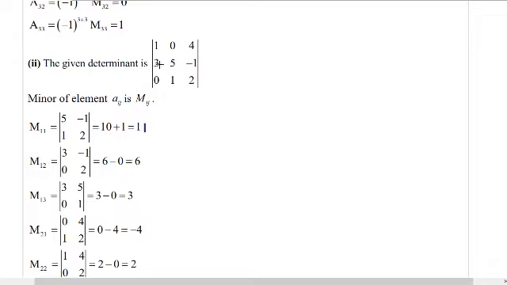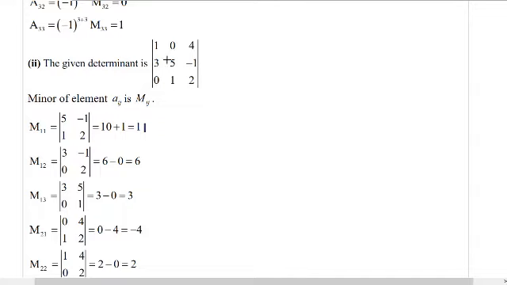To find M21, I will hide this element by row and column. 0 minus 4, that is minus 4. Now for M22, I will hide this element 5, A22, by row and column. I will get 2 minus 0, that is 2. And to get M23, I will hide this element by row and column.